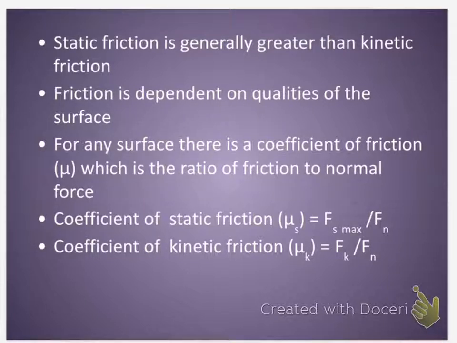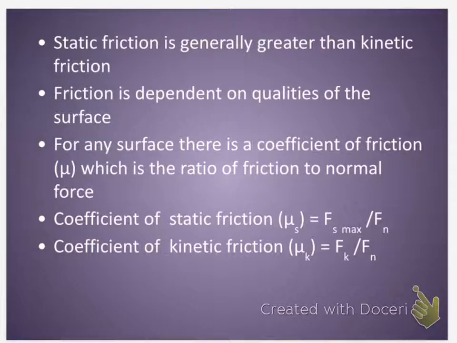Friction is all about atomic level interactions between two surfaces. There's an illustration somewhere in your book that does a really good job of showing that. Even a surface that looks pretty smooth to us, feel your desk surface, is not perfectly smooth at an atomic level. And therefore, we get stuff hung up on stuff.